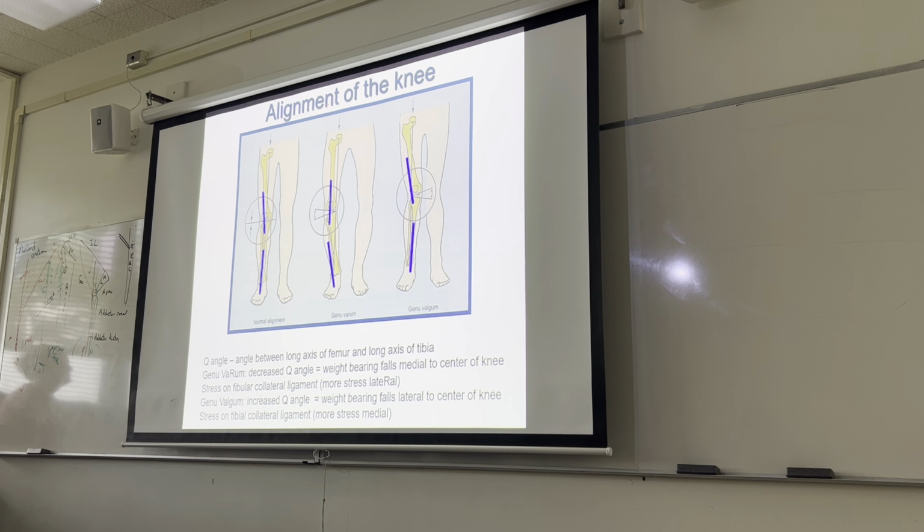Okay. So if you look at the osteology of the lower limb, we talked about this previously. The femur is not vertical; it is actually at an oblique angle relative to the vertical axis, and you can measure that difference and assign a number to it, and that's called the Q angle.